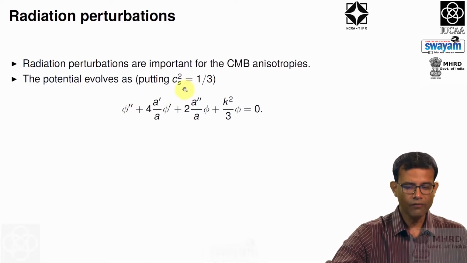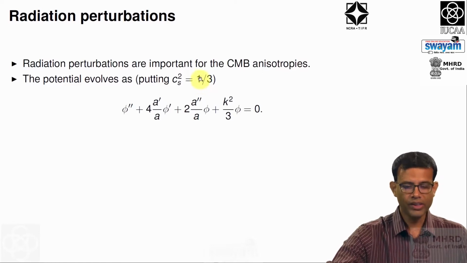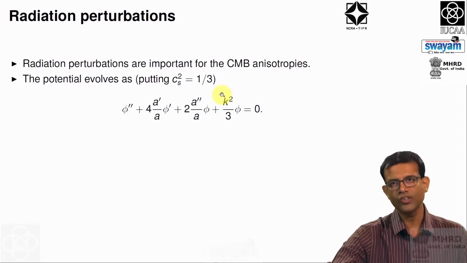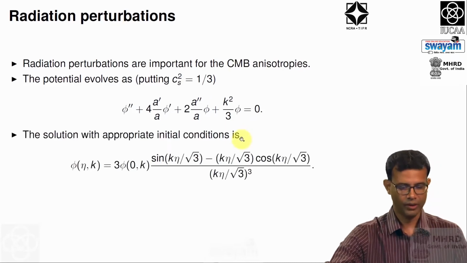Remember, for radiation we will put Cs square equal to 1 by 3. In other words, the sound speed will be just 1 by square root 3 times the speed of light, of course, the c, which is 1. So, it is not appearing explicitly in any of the expressions.